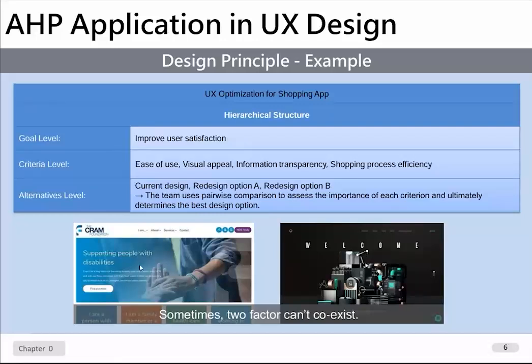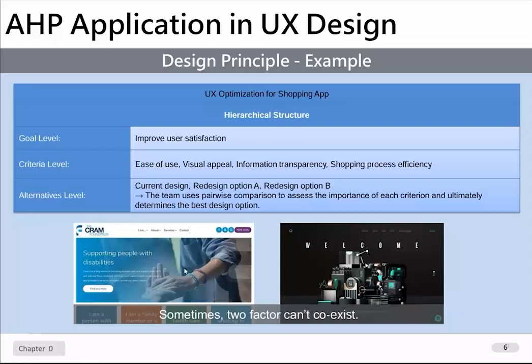If you are a blind person, or probably an old man or old woman, when you went to this website, it will probably be very, very hard for you to find the right position, the right button, or the right section you want to search. But for that one, although it looks pretty ordinary, it looks clear.